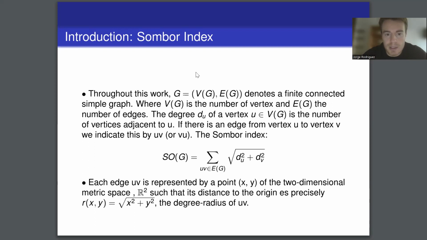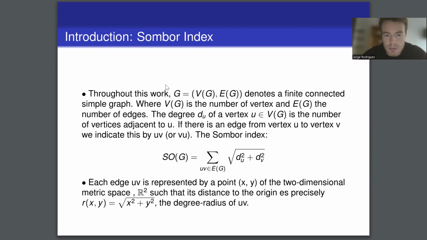In this notation, V is going to denote the number of vertices and E the number of edges. Then we have the degree of a vertex, which we denote by the letter d. And if there is an edge from a vertex u to a vertex v, we indicate this by uv or vu.